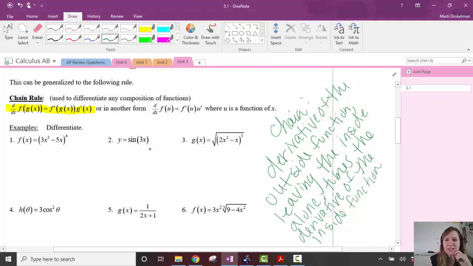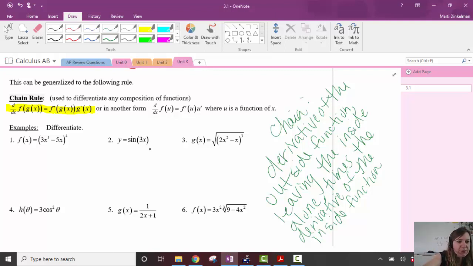It's the derivative of the outside function, leaving the inside alone, times the derivative of the inside function. So you can see here that we're talking about something that has maybe an actual function on the inside of parentheses or a radical or something like that, and then also something different on the outside. And the problem with taking the derivative of those is we have to treat the inside and the outside. We can't just do them at the same time.